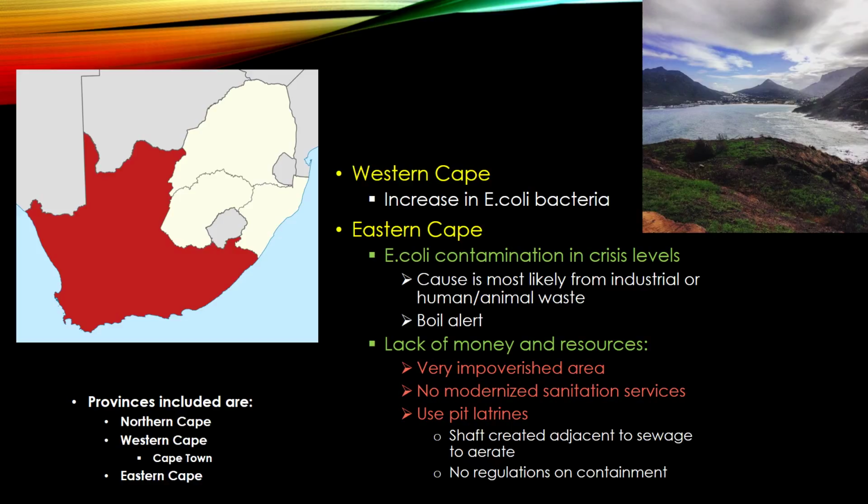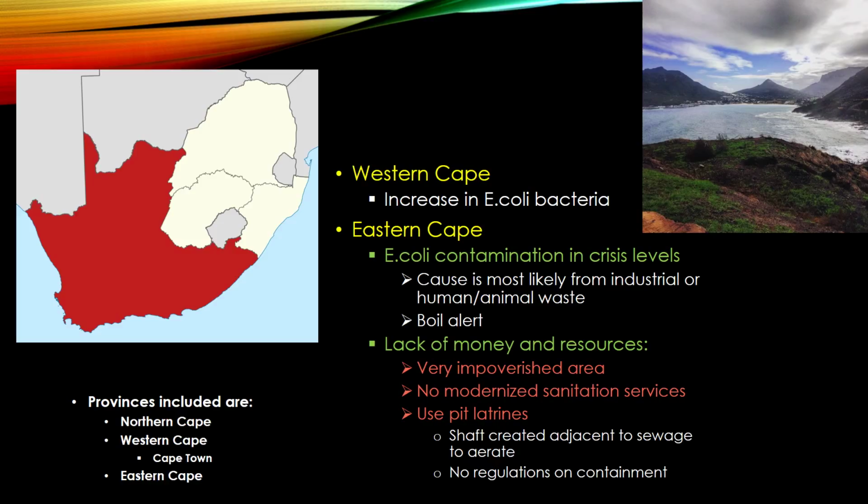Right now, what they're using is called a pit latrine. It's sewage in a hole that has been dumped there, or everybody's outhouse is connected to it. And to control the smell, there's a shaft made alongside the hole to aerate it. Well, this can either just be dug, which can cause breakage in the soil and cause proliferation of the sewage water into groundwater.